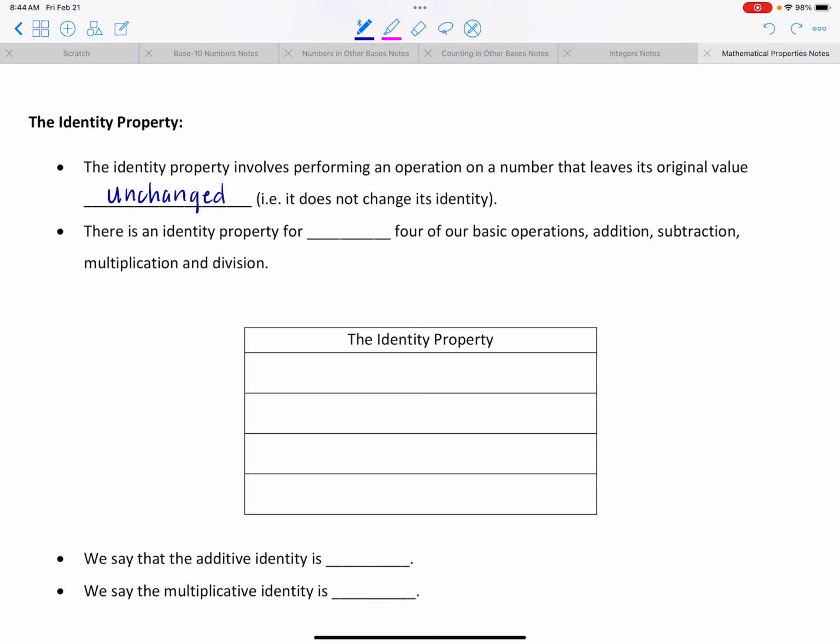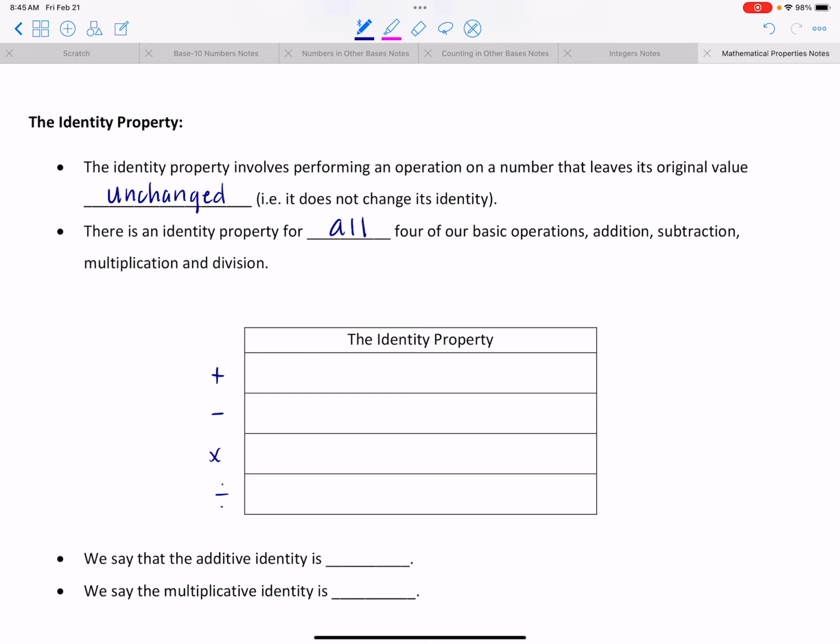So we can actually apply this to all four of our operations: addition, and then let's do subtraction, and then we'll do multiplication, and then we'll do division. The identity property, what you're asking yourself is, what can I add to a number that won't change its value? Well, I can add 0.